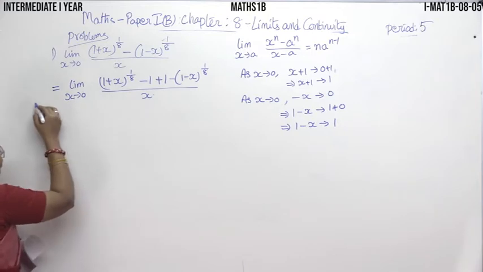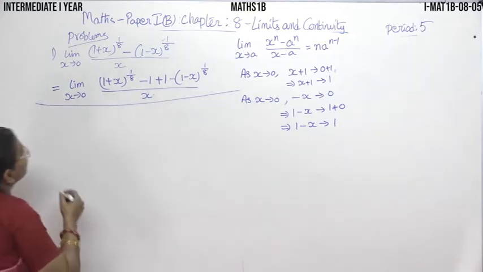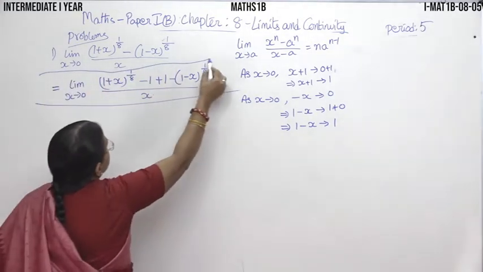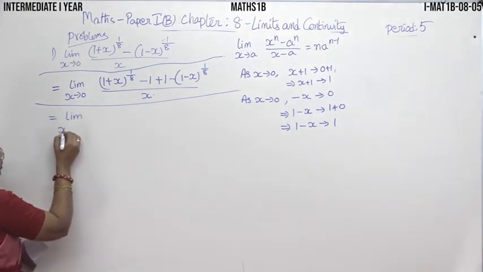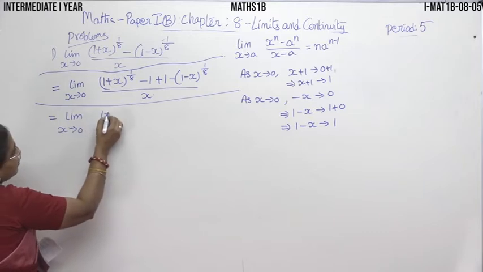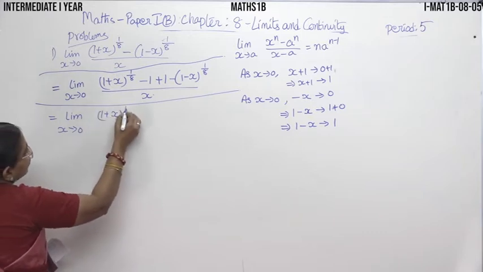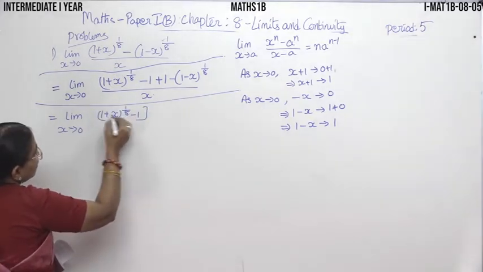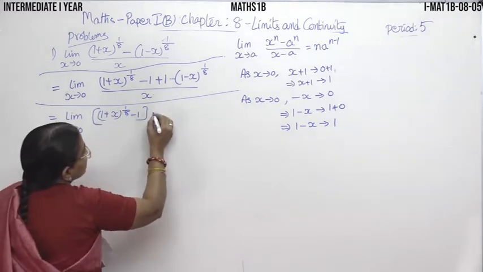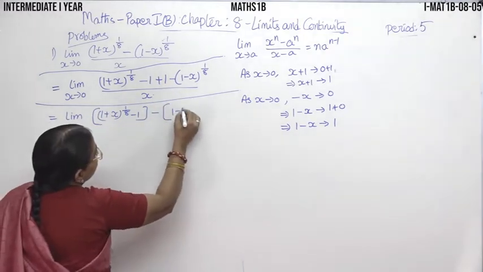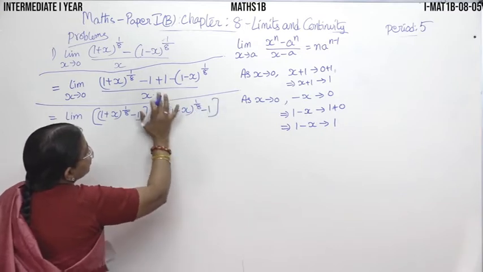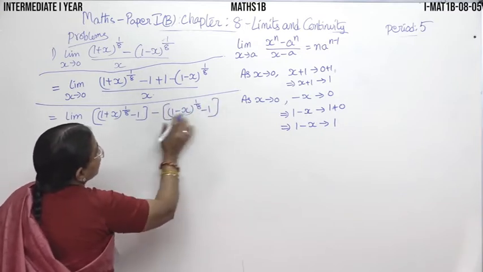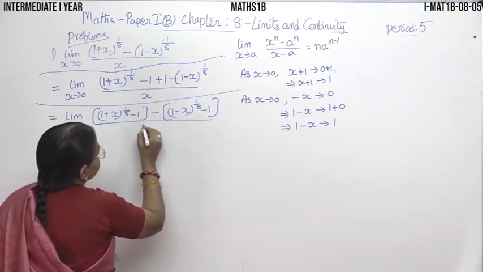Now I'll draw a line so that we don't get confused with the steps. So this is limit x tending to 0 of 1 plus x whole to the power 1 by 8 minus 1, and this we write as minus of 1 minus x whole power 1 by 8 minus 1. It should be in the form x power n minus a power n by x.